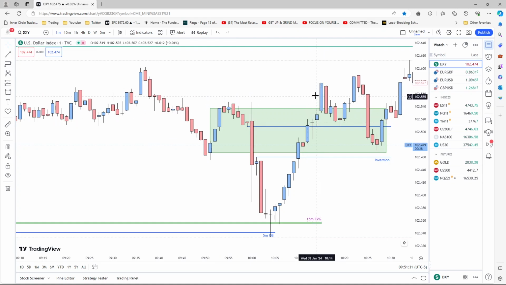And look at this now. There's a fair value gap right there. Traded up, it gapped up, came into the high of the inversion, really traded up higher. Came back down, retests the high of the inversion level once more.